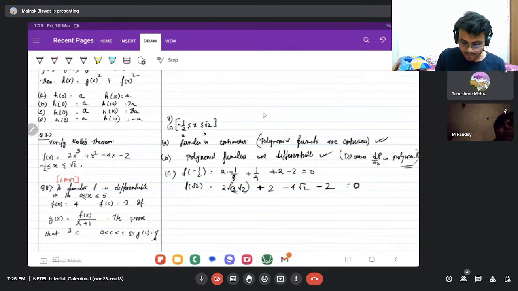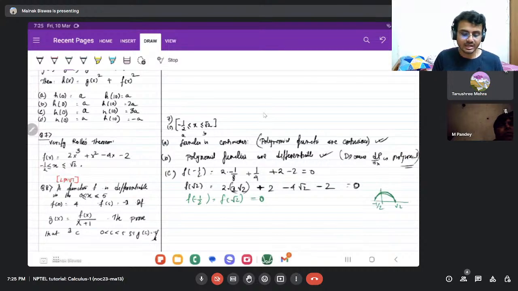Agreed? So f of minus half is equal to f of root 2, which is equal to 0. So at the extreme points minus half and root 2, this function is 0.